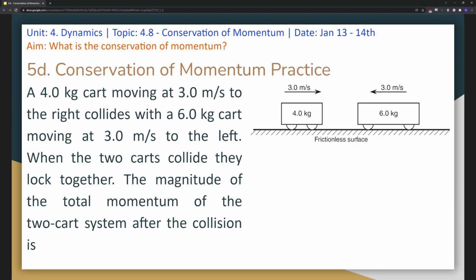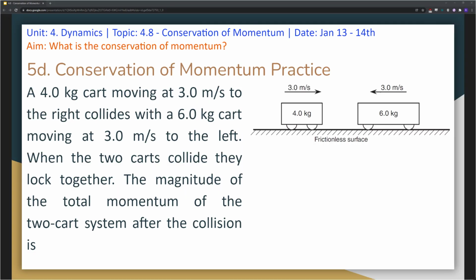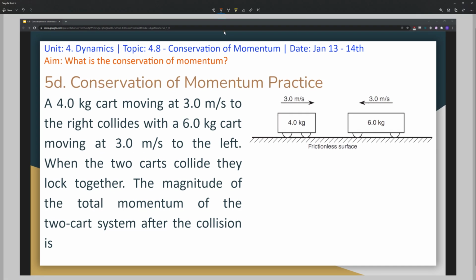Let's do 5D. So a 4 kg cart, mass 1, 4.0 kg, moving at 3 meters per second to the right. So the initial velocity of object 1 is 3.0 meters per second.